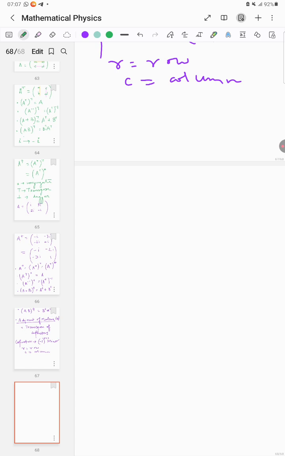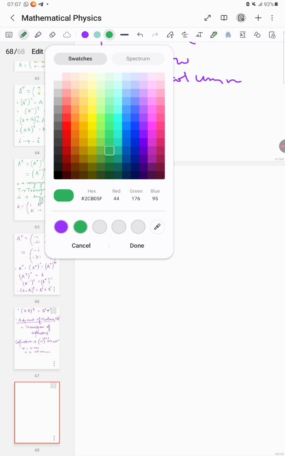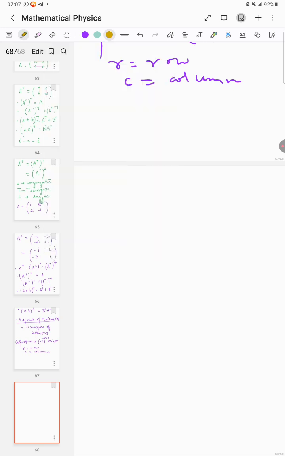Consider a matrix A is equal to 1, 2, 3, 4. Alright. Now, let us not take this matrix up.